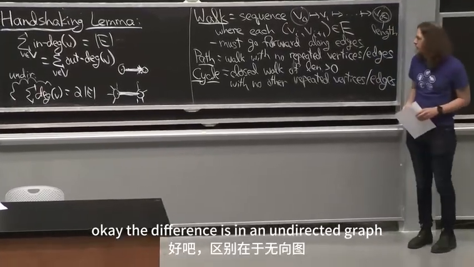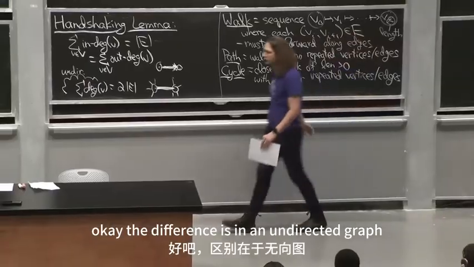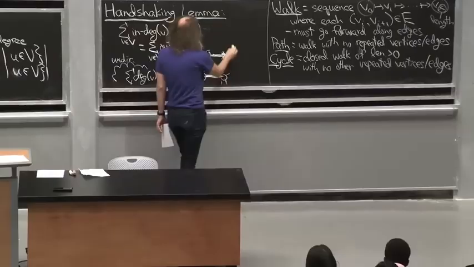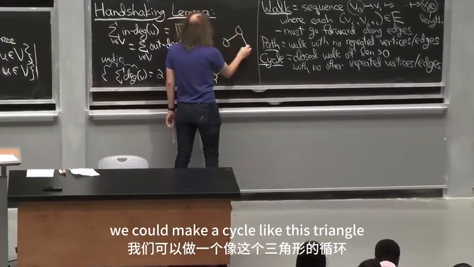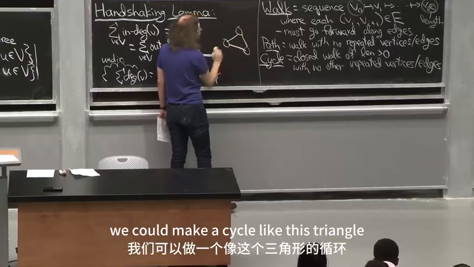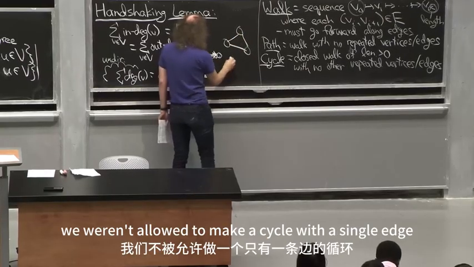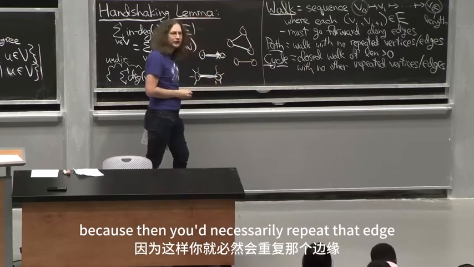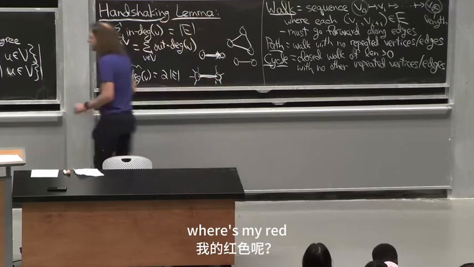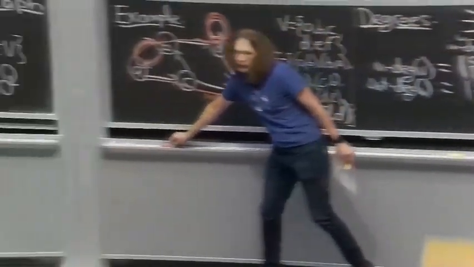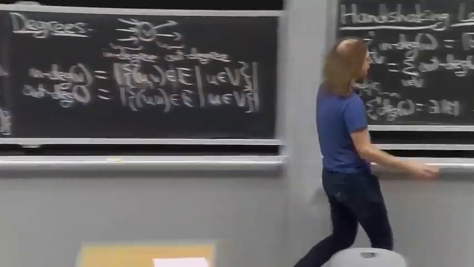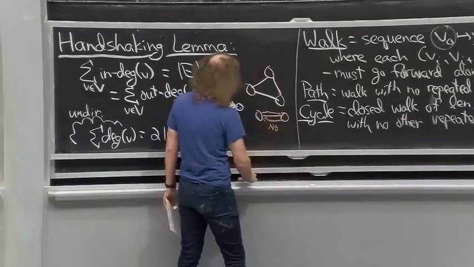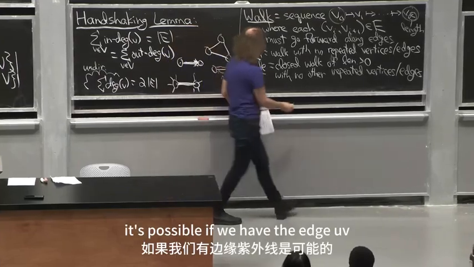Okay, the difference is in an undirected graph, the shortest cycle had length 3. We could make a cycle like this, a triangle. We weren't allowed to make a cycle with a single edge because then you'd necessarily repeat that edge. In an undirected graph, this was forbidden. But in a directed graph, it's possible.